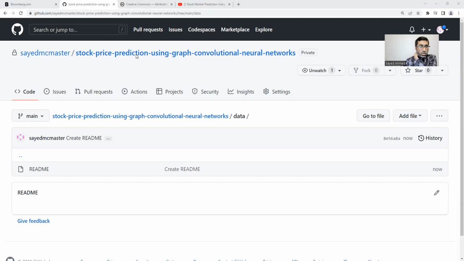Okay, so the data set folder, it has, okay. Okay, the data itself is not that big. Let me see.